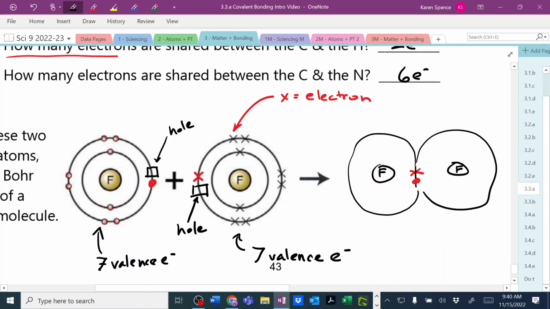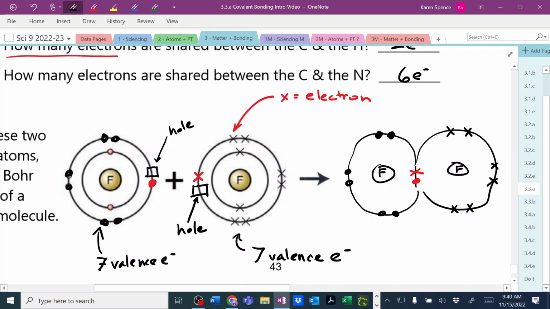And then we have the rest of the electrons all the way around the outside. And the same thing on the other one, we have the rest of the electrons all the way around the outside.